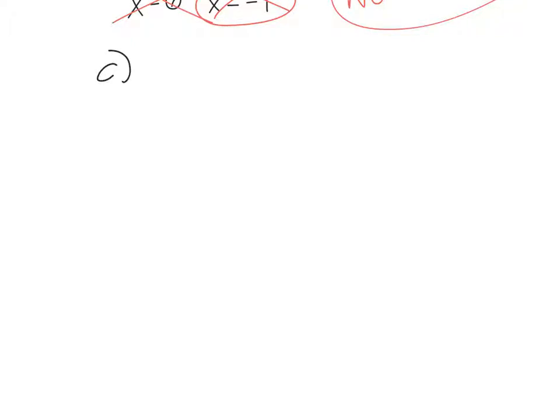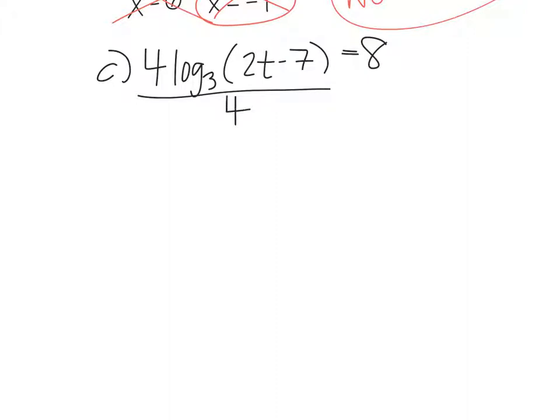Example C. Now I have 4 times log base 3 of 2t minus 7 equals 8. Well, here, again, I want to get log equals something else. So let's get log all by itself. First I'm going to divide by 4.